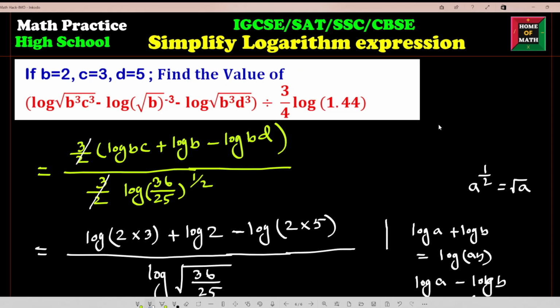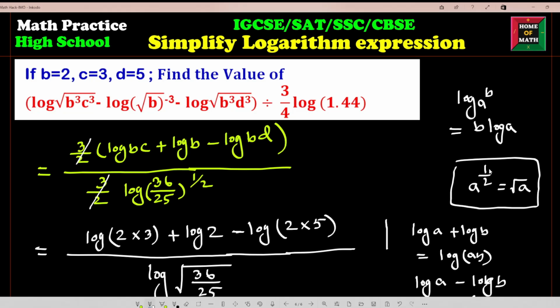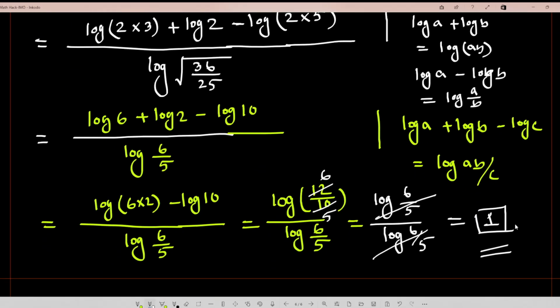Also we have to know about log a power b, so we can write b log a. Also we have to know the exponential law, where a to the power 1/2 means root a. So lots of things are combined in here, and finally we get the result, which is 1.